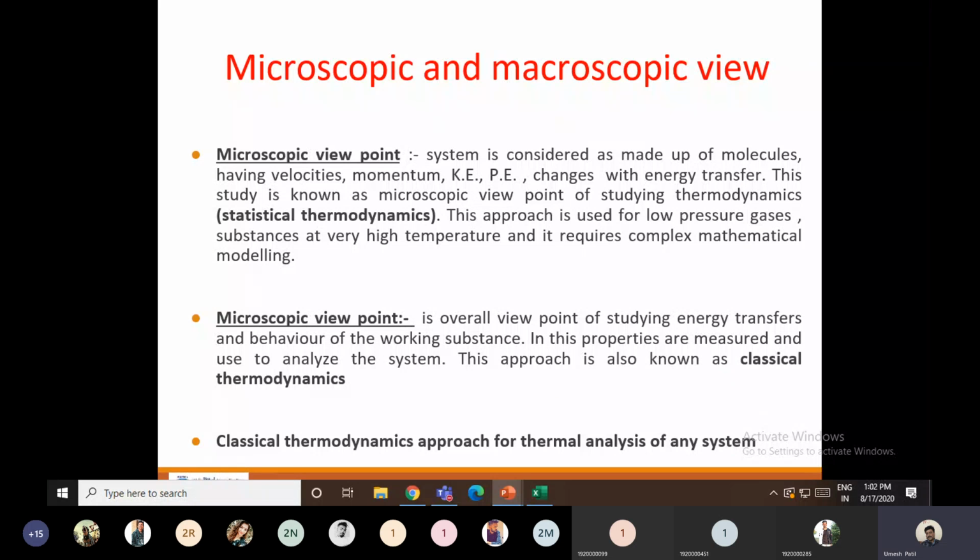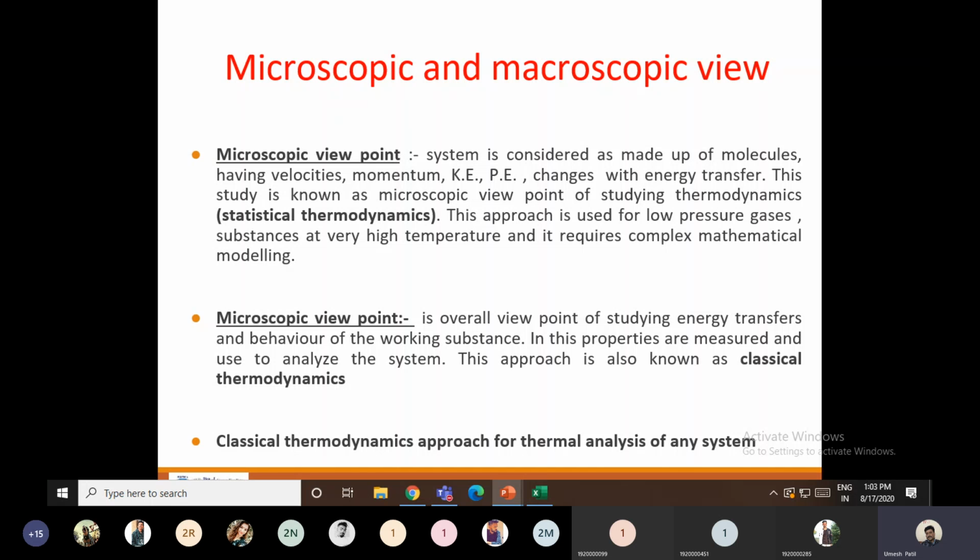The molecule is placed somewhere in space, so it has a potential energy. All these things are considered while learning thermodynamics, and that viewpoint is the microscopic viewpoint. All this leads to the energy transfer.